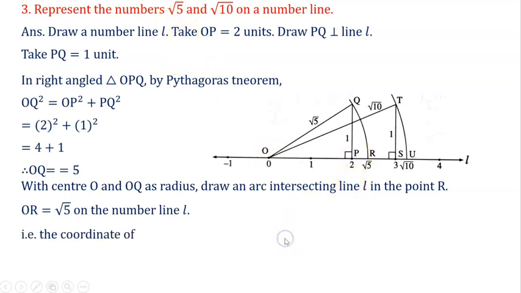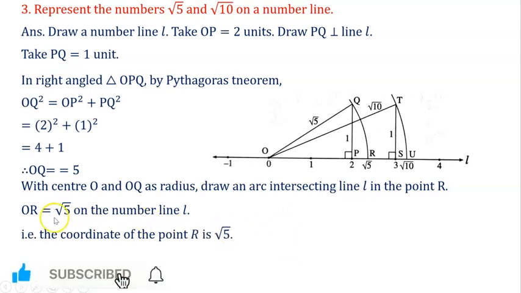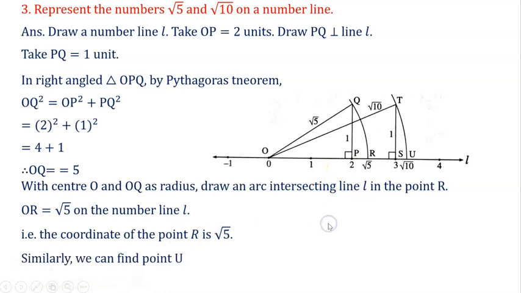That is, the coordinate of the point R is root 5, and similarly we can find point U on the number line L such that OU is equal to root 10.